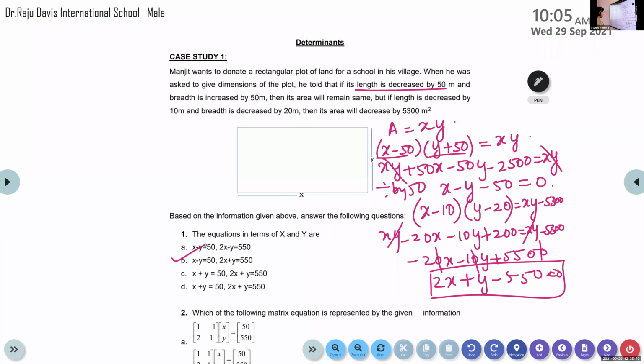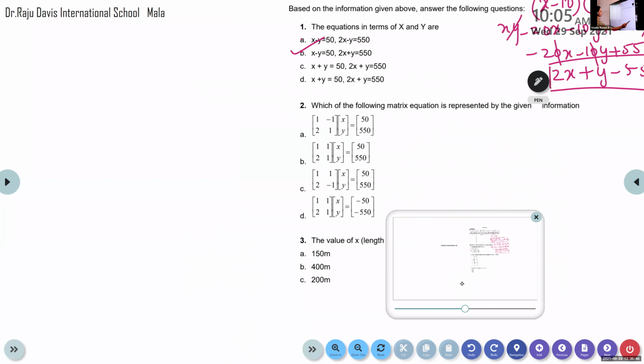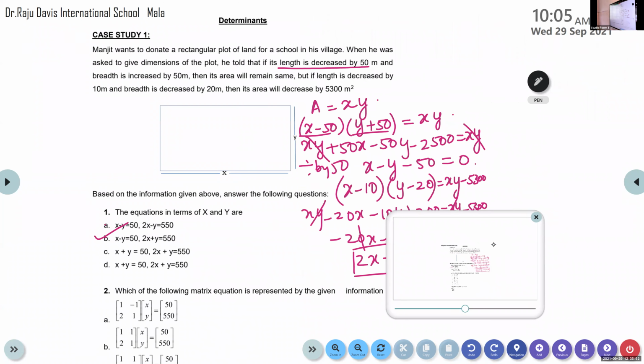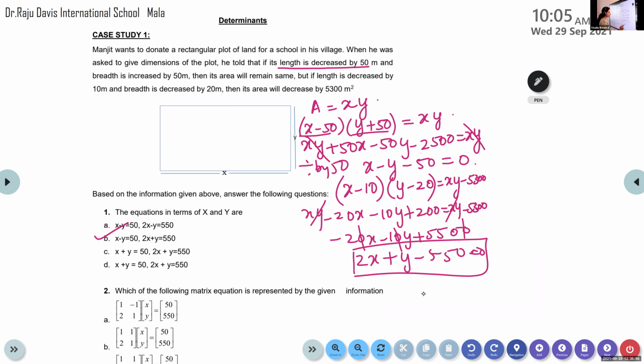Okay, so now the matrix equation, we are representing in the matrix form. Look at the second one. These two equations we are representing in matrix form. When you write the equations in matrix form, what is the method we have learned? Given system of equations can be written in the form Ax equal to B, where A is the coefficient matrix, X is the unknown, and B is the constant.